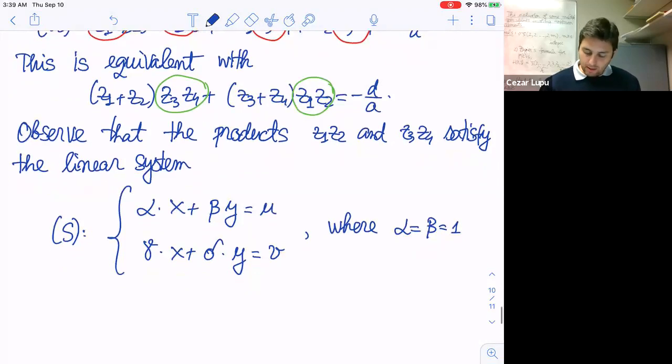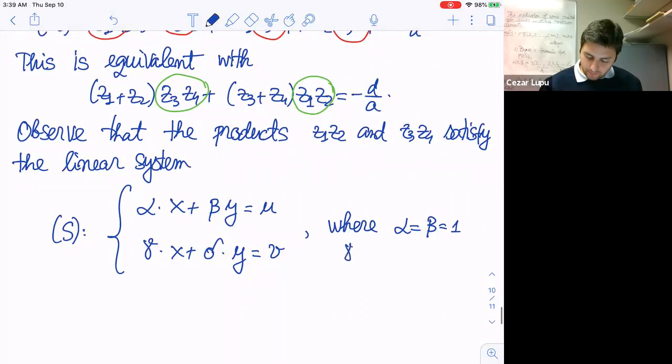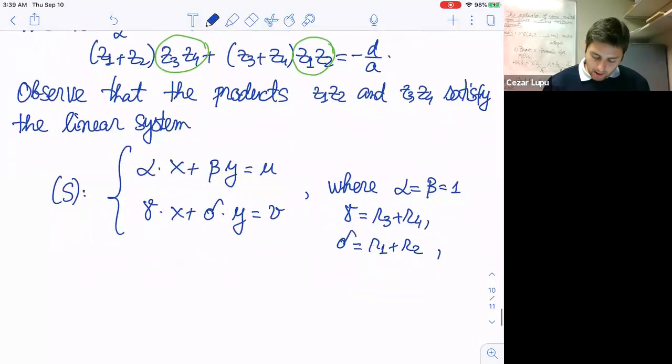Gamma is R3 plus R4, delta is R1 plus R2, and U and V, let's write these guys.